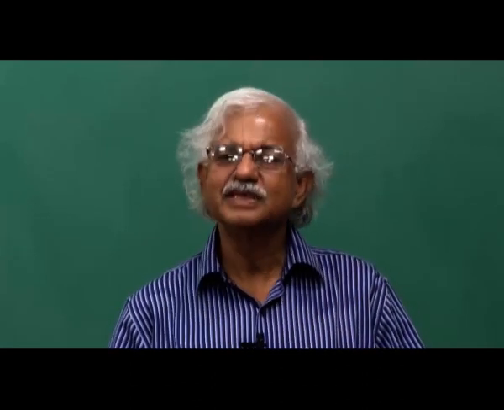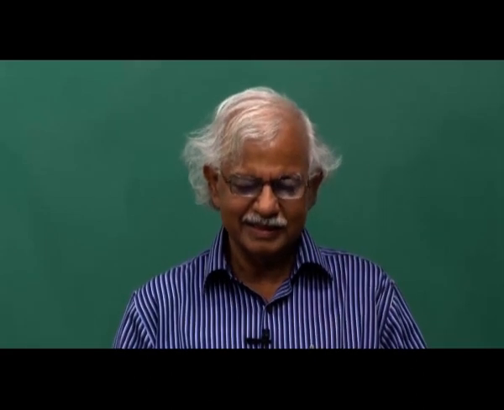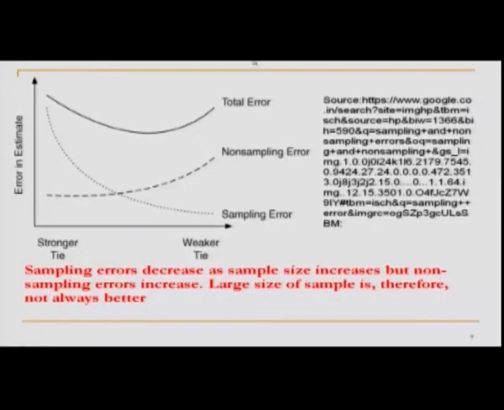Now, how these errors vary with sample size can be shown in the form of graph. See, sampling errors, this graph shows what happens to sampling errors as sample size increases. This graph shows the sampling errors. As sample size increases, sampling error or error in estimate of sample decreases.